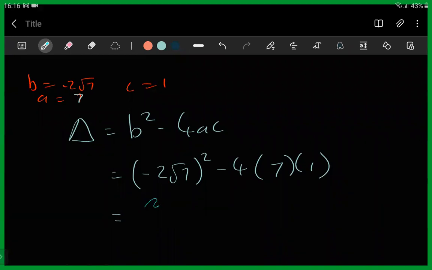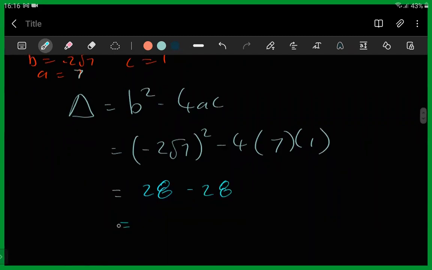So it's 28 here, and then minus 28 also. So delta is equal to 0. What does that tell us about our roots? They're real equal rational roots. They are real equal rational roots.